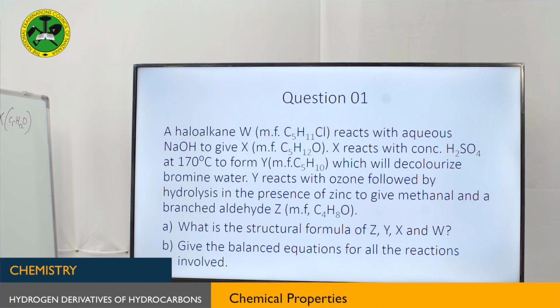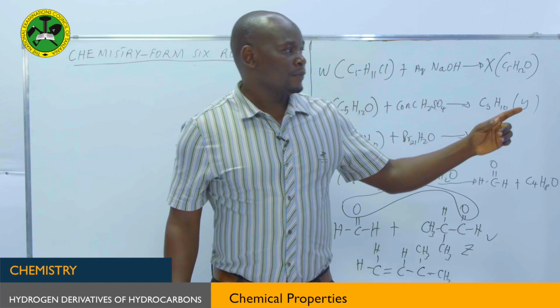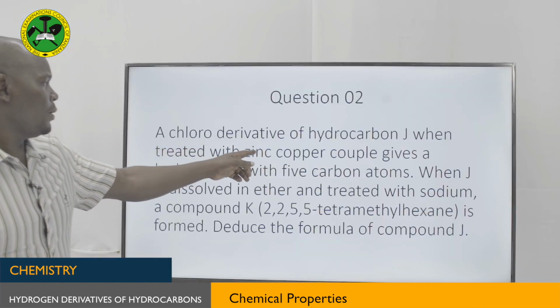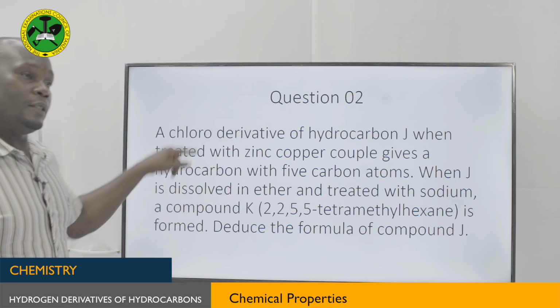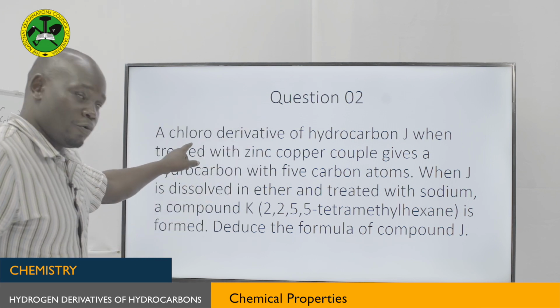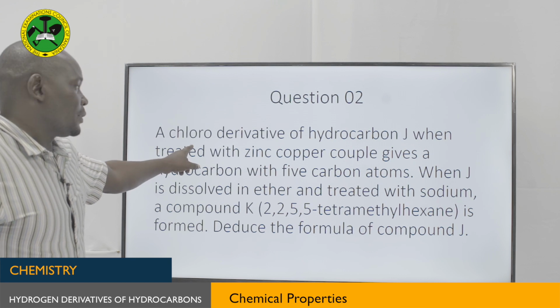So let us go to the second example and see how to use the knowledge of haloalkane to answer it. The second example is about a chloro derivative of a hydrocarbon. When we say a chloro derivative of a hydrocarbon, it is a haloalkane because we have chlorine, which is one of our halogens.